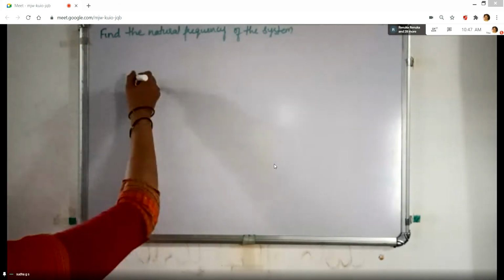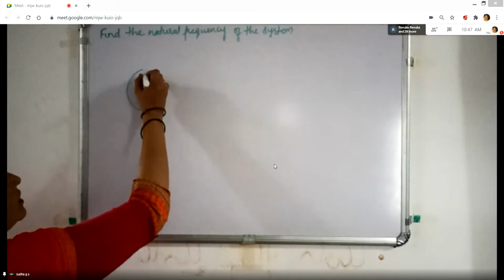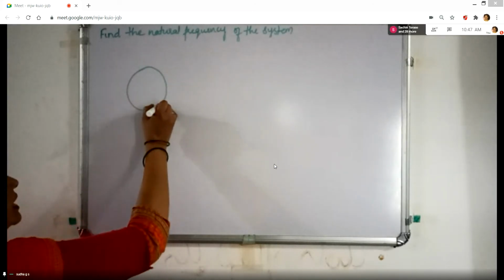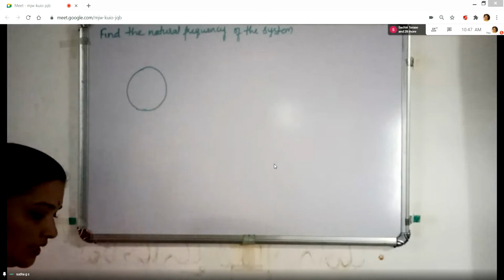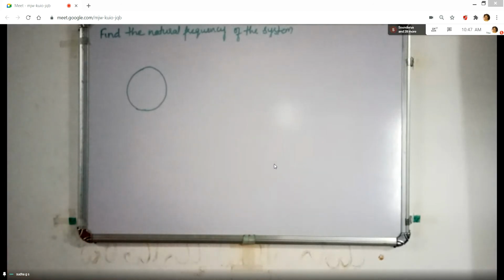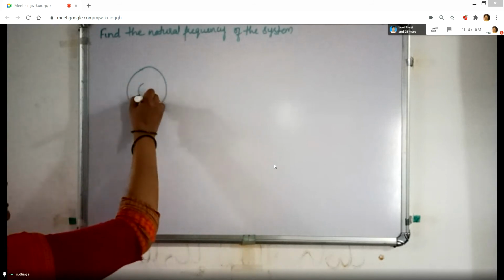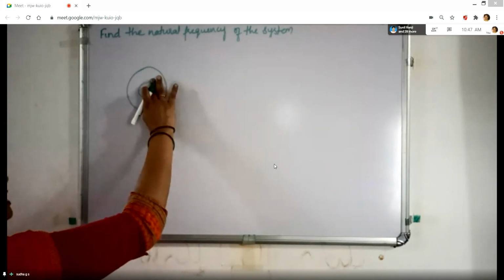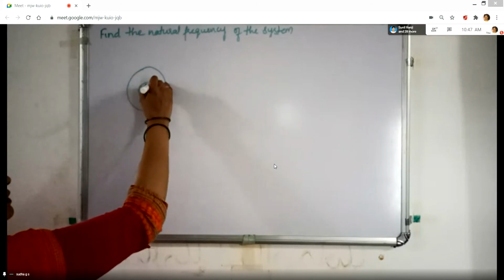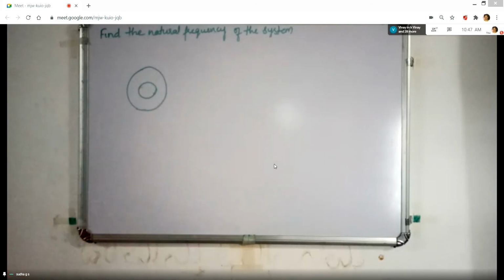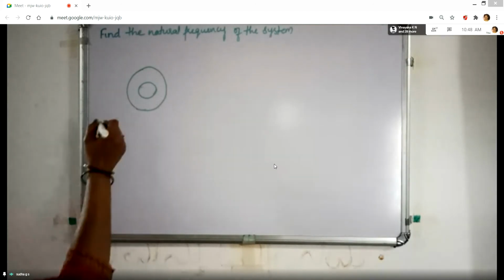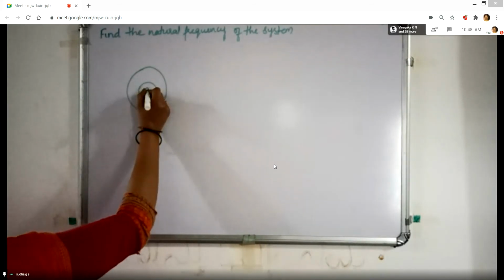Now you take down the problem wherein there is one pulley like this, and inside which there is one more pulley. Both the pulleys are fixed on the shaft at the center like this here.